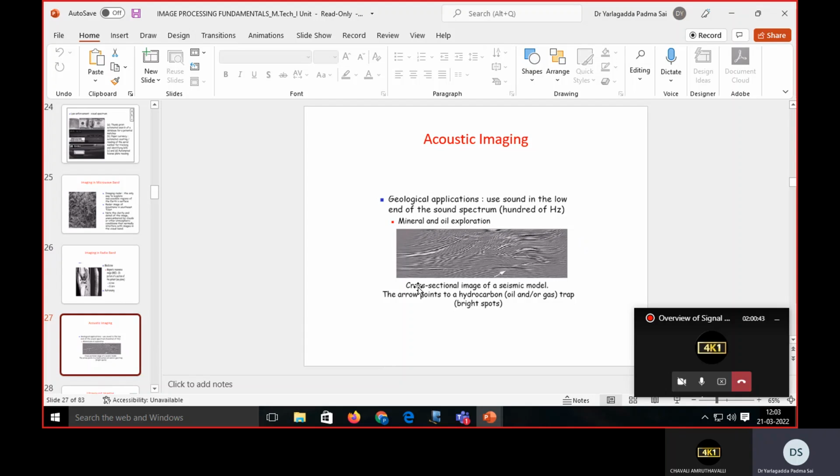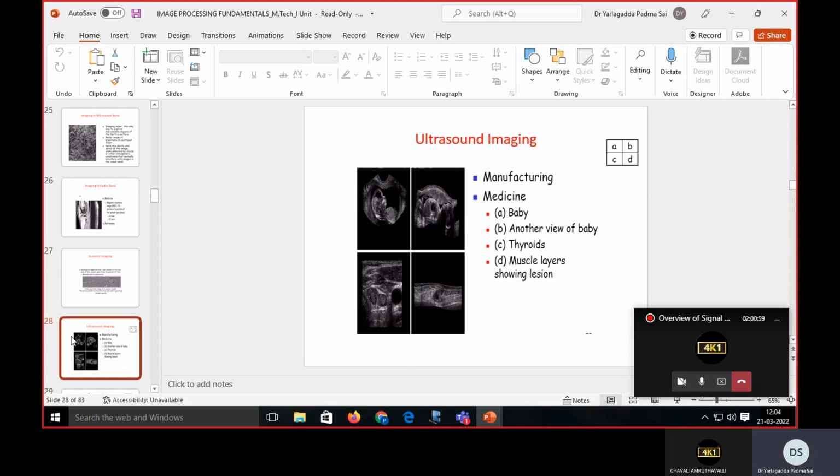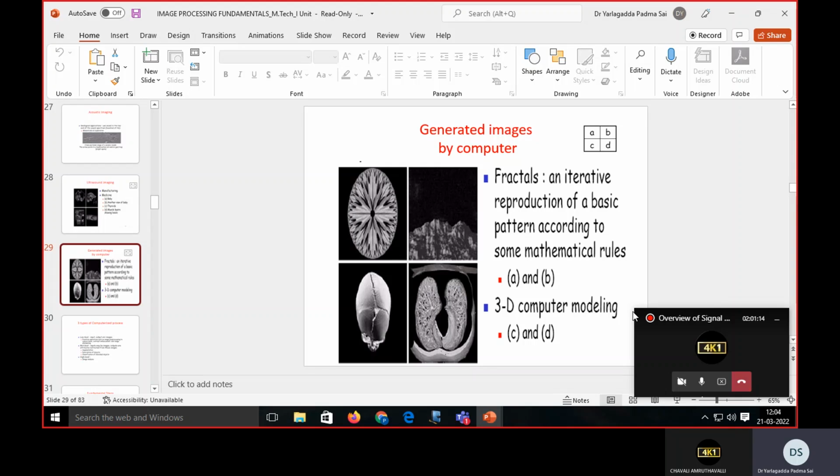In seas and mineral soil, they transmit signals and receive them back, and based on that they detect whether water is available. All of these come under acoustic signal processing. Now ultrasound imaging: before birth, if you want to check the baby's health, we take ultrasound imaging. You have many applications like that.